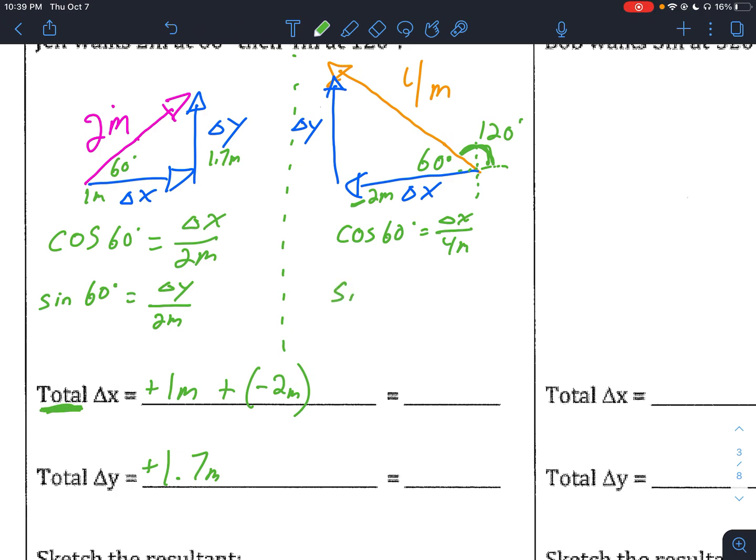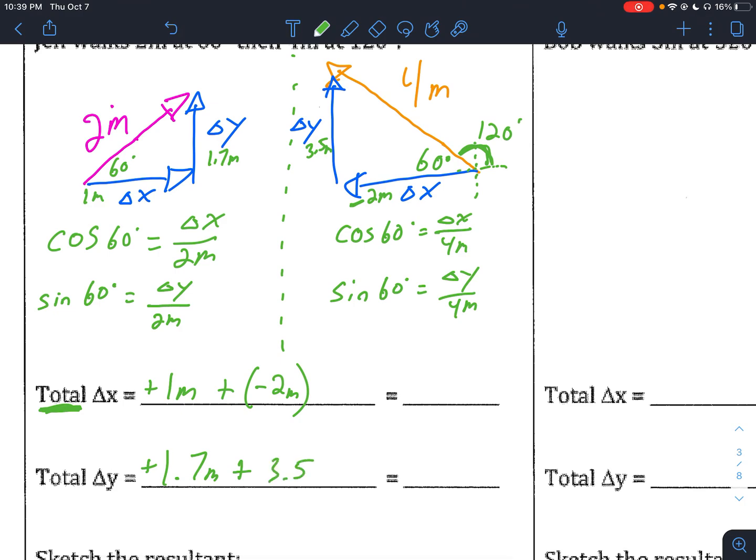So then to find my delta y, plug that into my calculator, and I get a positive 3.5 for my vertical delta y.